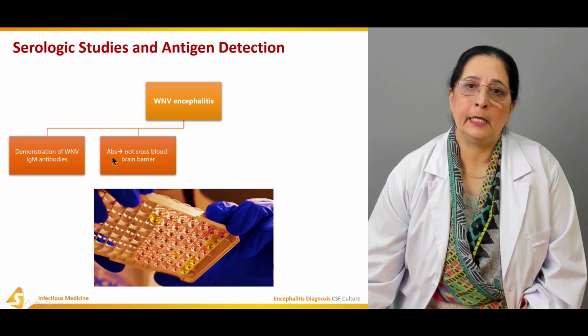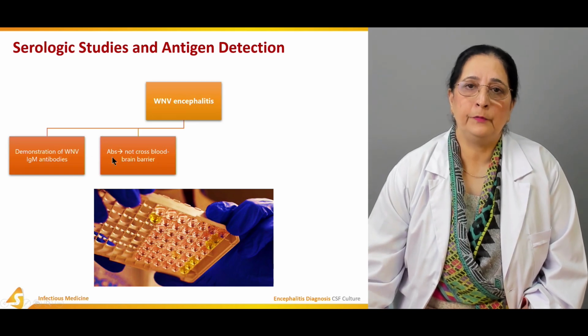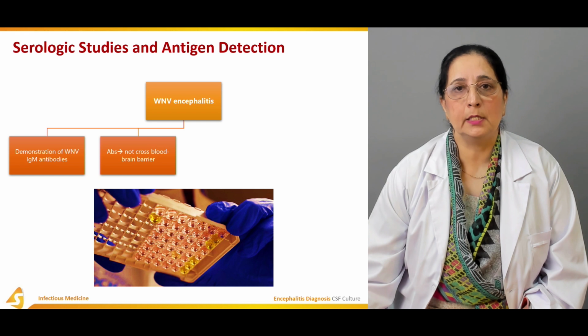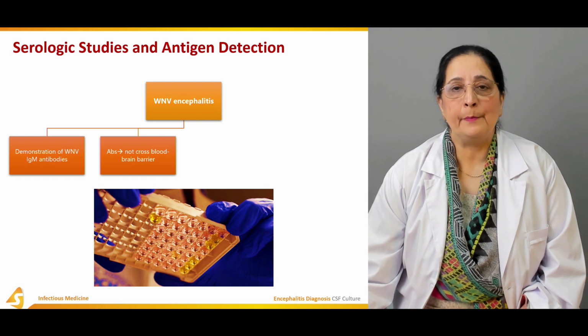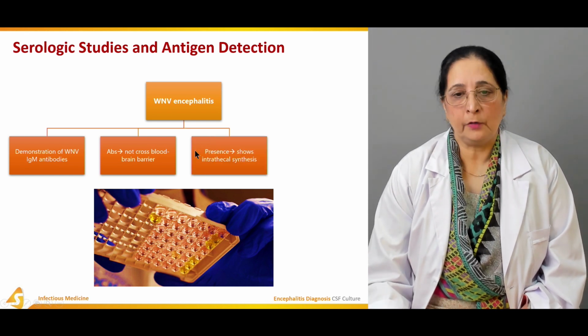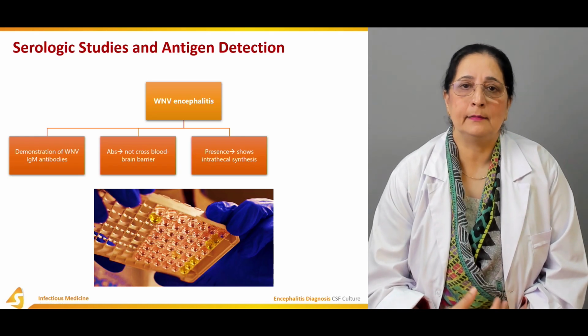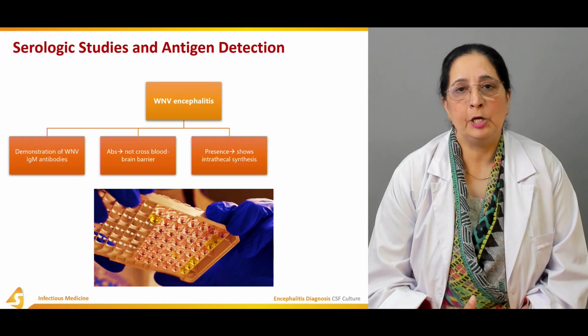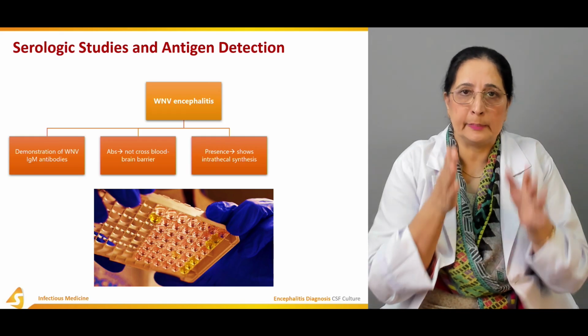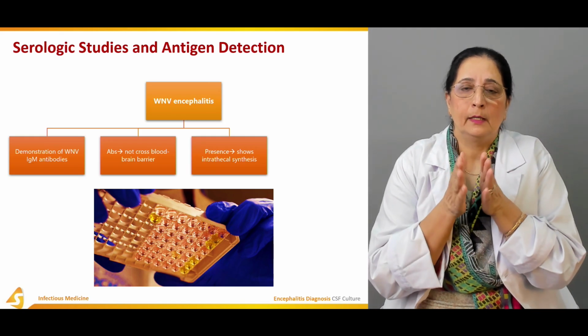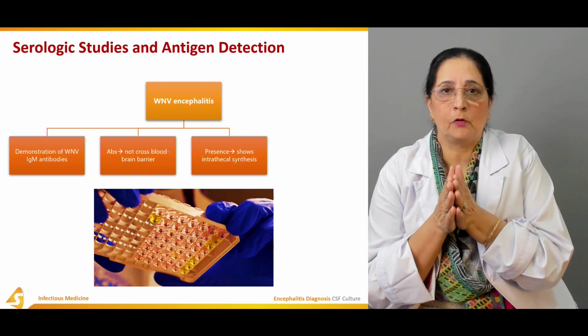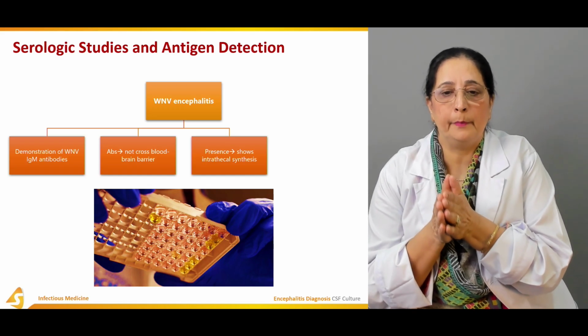The antibodies which are formed usually do not cross the blood-brain barrier. So the presence of these antibodies explains that their synthesis is intrathecal, in the space, because they cannot cross the blood-brain barrier.